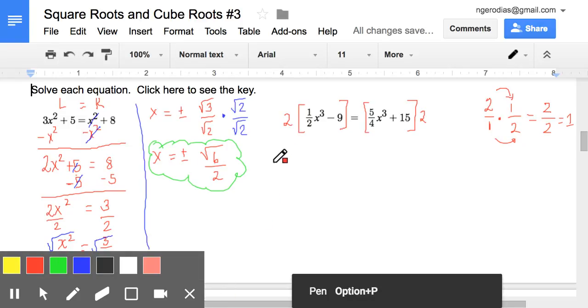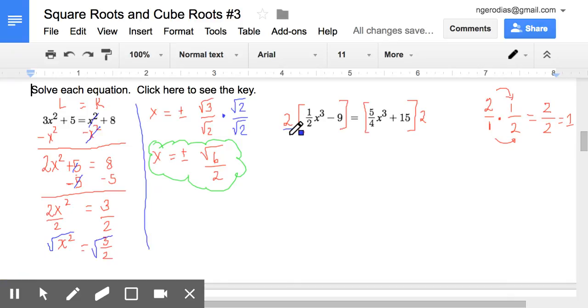Okay, so here what we could do is put a 1 underneath the 2. So that when we multiply it by this fraction, we know 2 times 1 is 2, over 1 times 2 is 2, and 2 over 2 gives us 1, and we'll just bring down the x cubed. So 1x cubed. We can put the 1 or we can hide the 1.